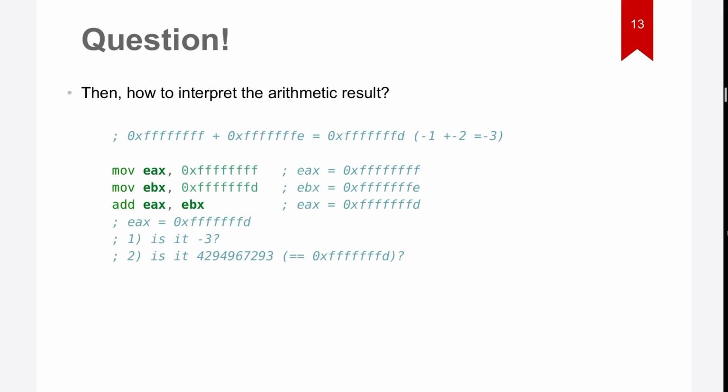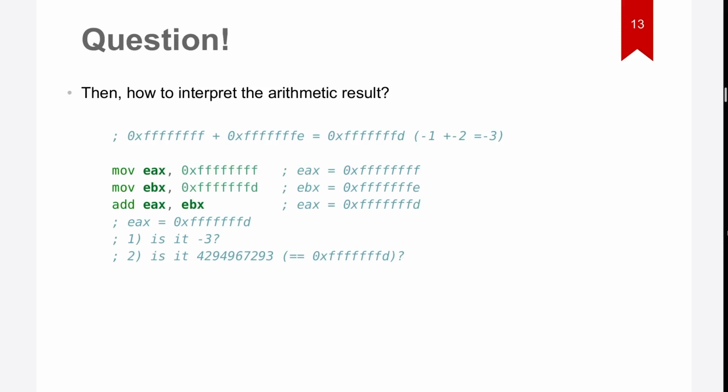So let's say we have assembly code that adds up two numbers. Let's say one of them is only f and one of them is fff and ends with a d. We set these values and then we add them up, and there's a typo, this should be E here.